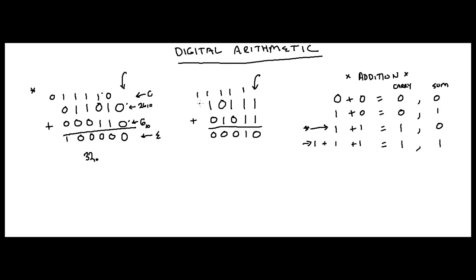And that is a 1 plus a 0 plus a 0, which is going to use this rule. That's going to be a sum of 1 with a carry of 0, right? So what's this number? Well, this is 1, 2, 4, 8, 16, 32. So this is going to be 34 base 10, isn't it?